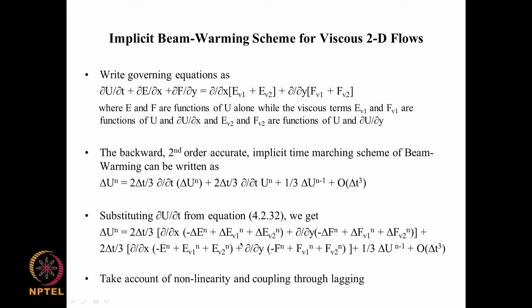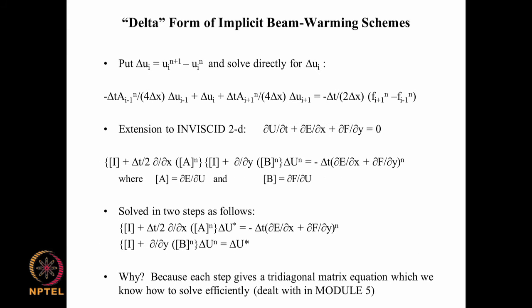It is not yet finished because we need to evaluate these terms here, and this is also a system of equations, and we know that this system of equations has nonlinearity, and we also have coupling. We have taken account of this and taken care of this through lagging, as we noted earlier, and we can also note down here.